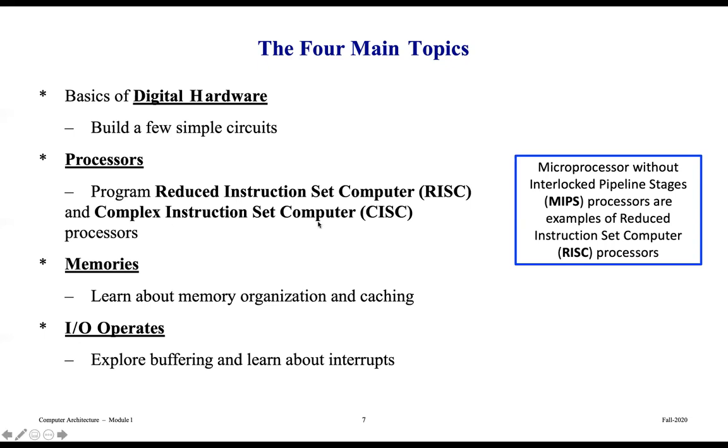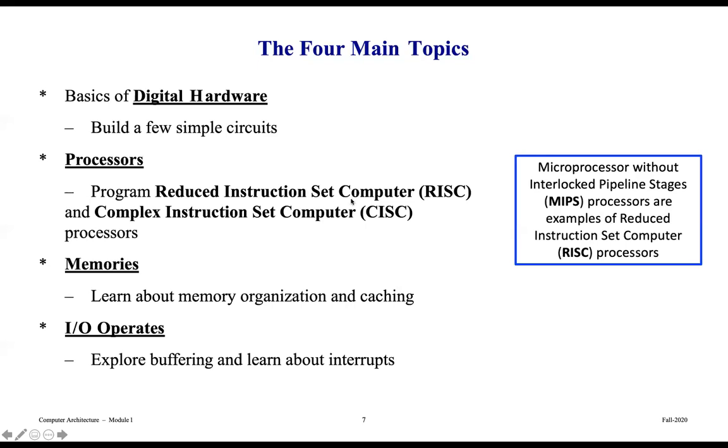And there's basically two different types of processor categories that exist. One is called the reduced instruction set computer, or RISC processor, and the other is a complex instruction set computer. So there are more instructions that exist in the complex instruction set versus the reduced, which tries to streamline things.